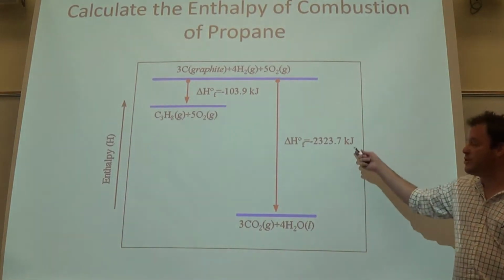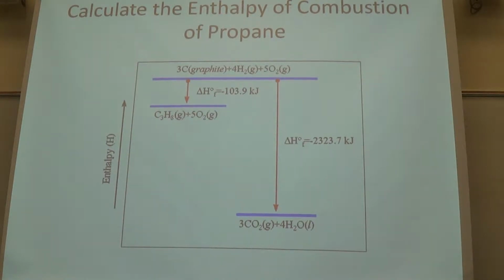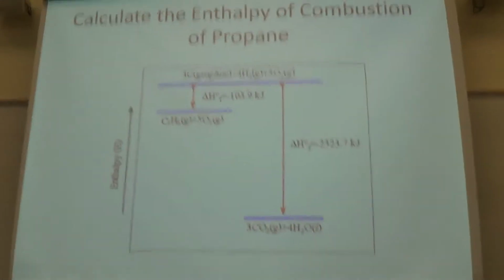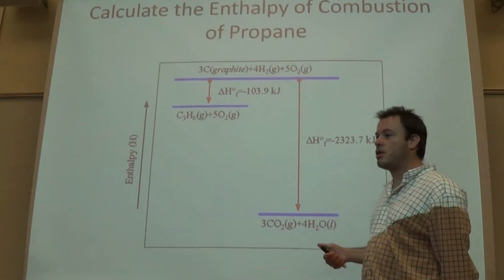Yeah. All right, so using that, calculate for me real quick what the delta H is for the reaction with propane and oxygen to form carbon dioxide and water.